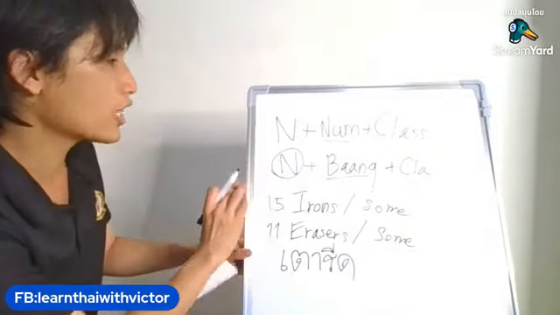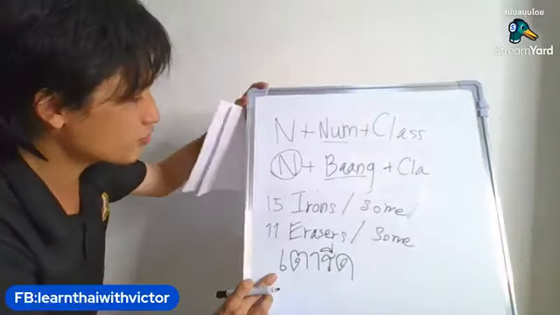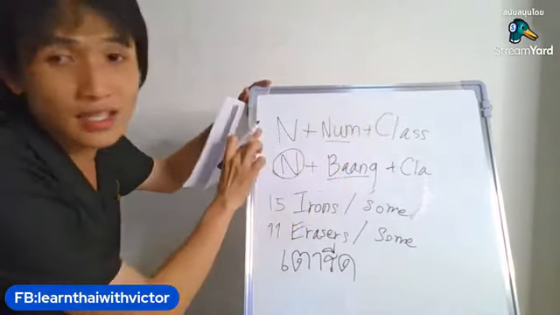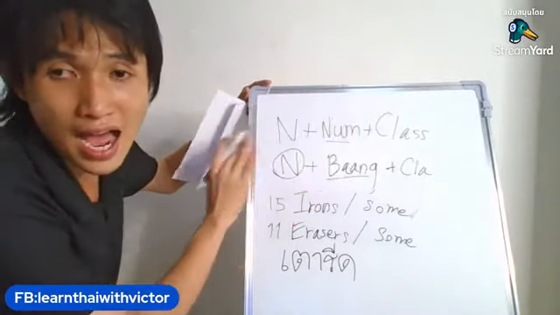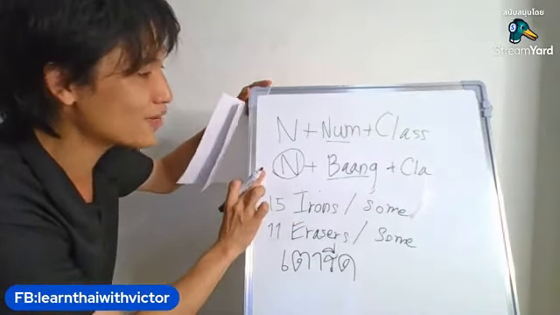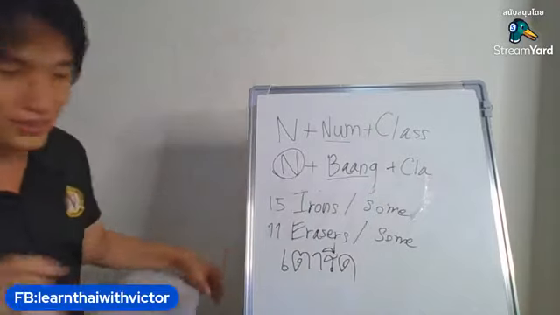So if I say 15 irons, it is เตารีด 15 อัน, and if I say some irons, เตารีดบางอัน.